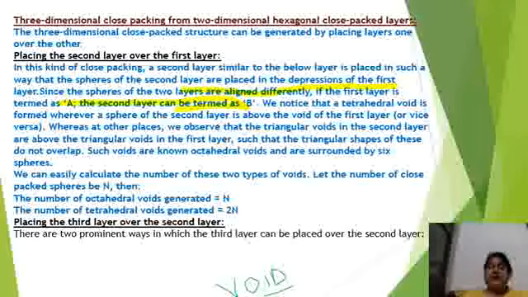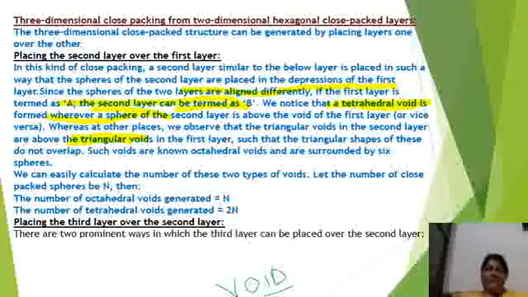So here tetrahedral void will be present. What are tetrahedral voids? We will discuss it later. But the tetrahedral void is formed over here. That will be in triangle.